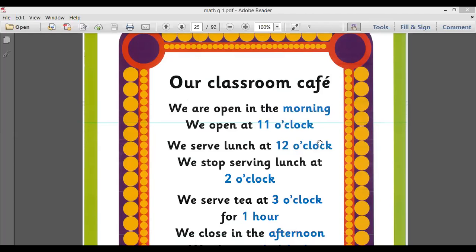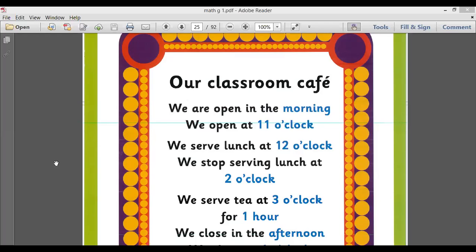It is the lunch time. At 12 o'clock the food is ready and you can enjoy the food.